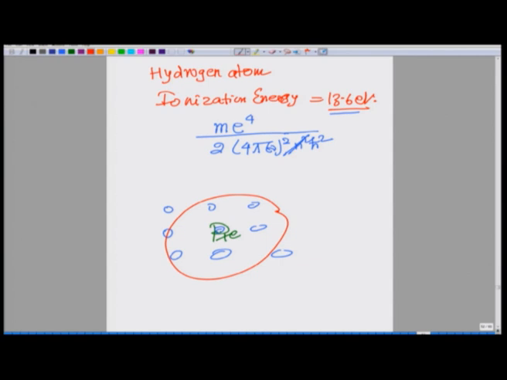And if you do this same modeling, the two modifications will be: one is that mass you have to write as m star, the effective mass of this electron in this silicon crystal, and the other thing is this epsilon naught has to be replaced by epsilon, which is the dielectric constant times epsilon naught.